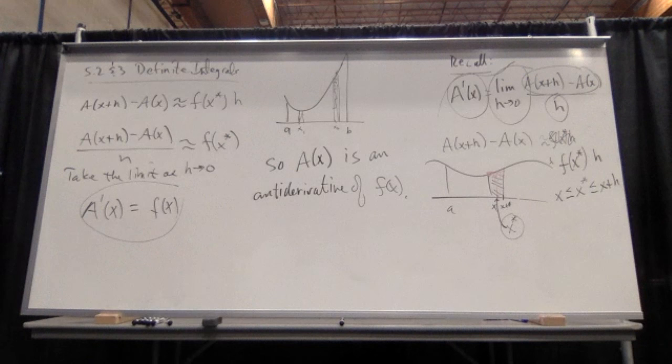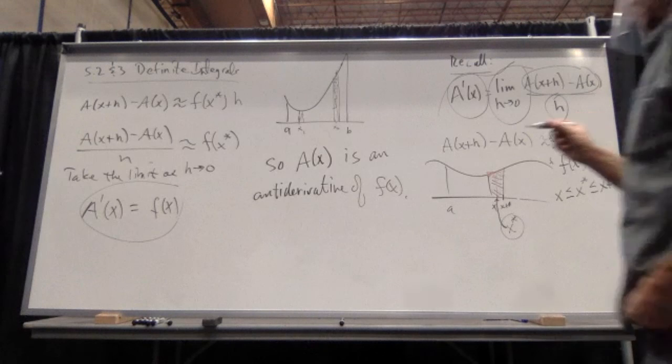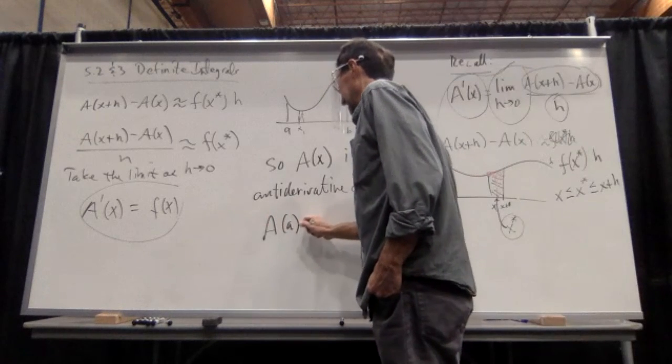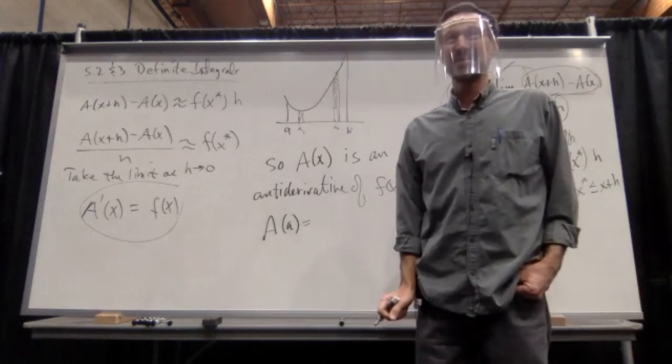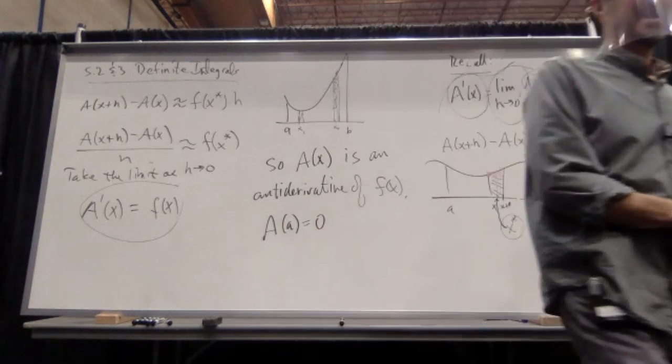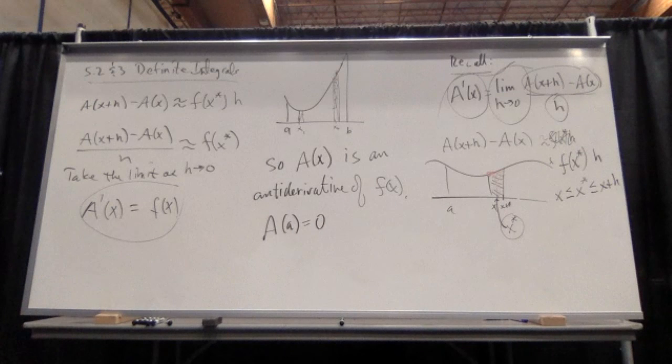Well, it's the antiderivative that satisfies this condition, big A of little a equals 0. Remember, I didn't really put one of these on the last exam, but we did talk about initial value problems, where we want to find an antiderivative that satisfies an exact value.